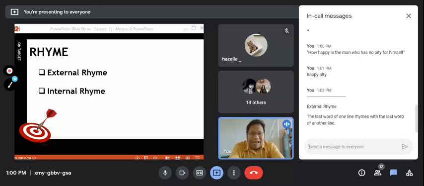So for external rhyme, there are at least two lines involved. The last word of line 1 rhymes with the last word of line 2, of whatever common sound they have, for as long as there's something common. That's what constitutes the rhyme known as external rhyme.